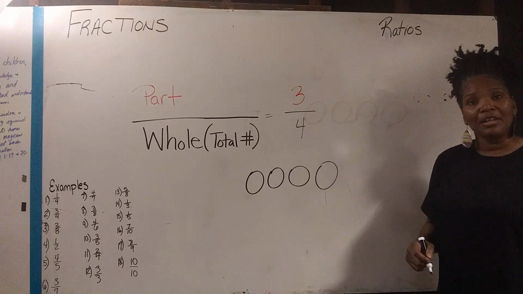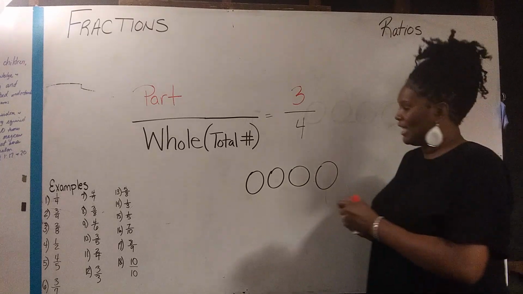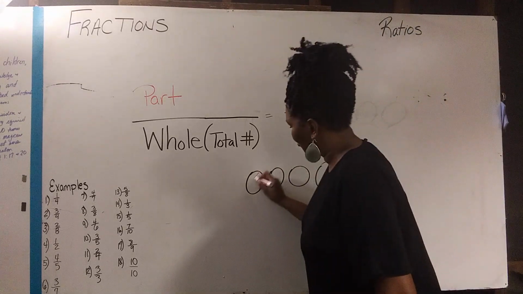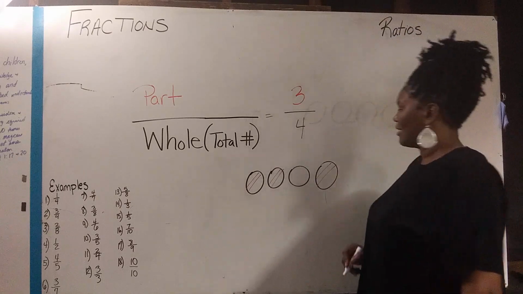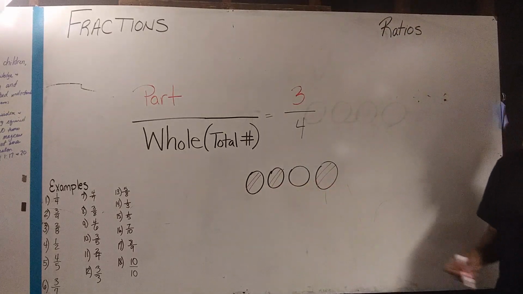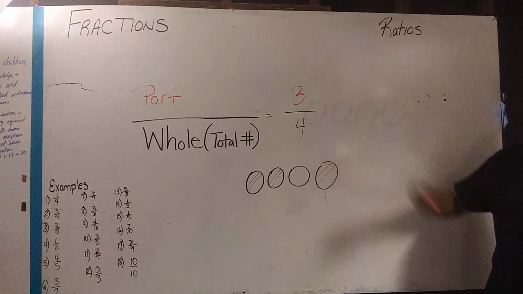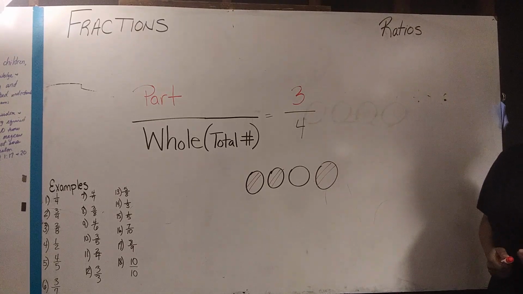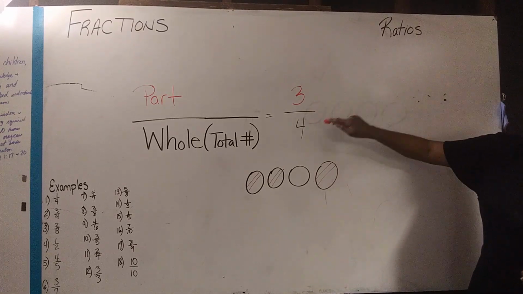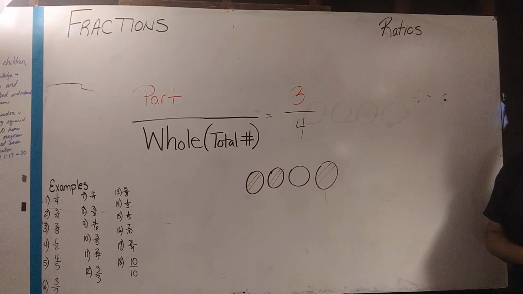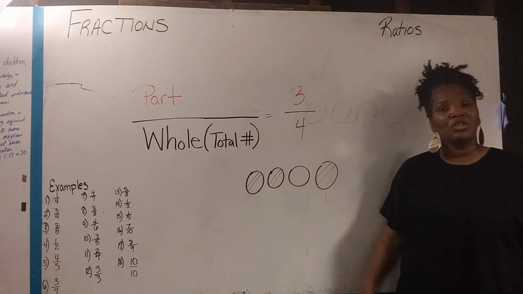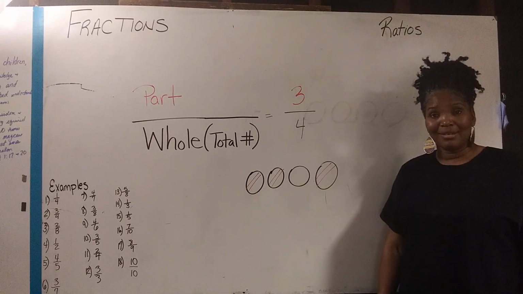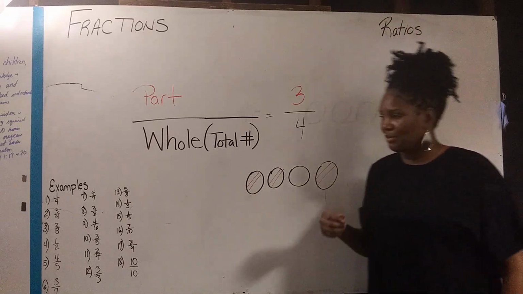How many am I going to color? 3 of them. This time, Miss Wilson is just going to do some stripes. I colored 3 of my 4 because that's what this fraction is telling me to do. And the way we say it is 3/4. Good job. Look, at some point, see if you can do one by yourself. All right? All right. We're going to go to the next one.